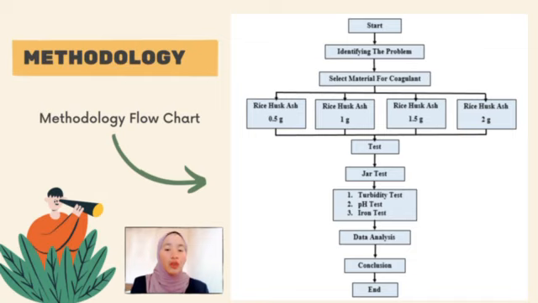After that, we do tests. The tests we use are jar test, turbidity test, pH test, and iron test. And last, we collect data, do analysis and conclusion, and that is the end of our study project.